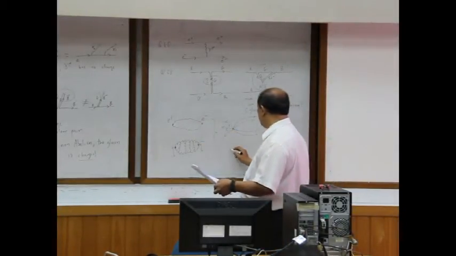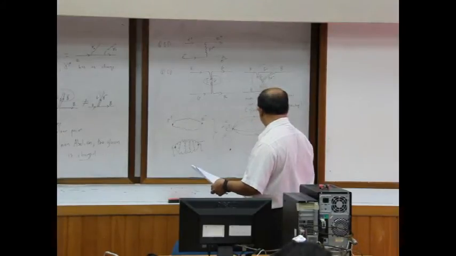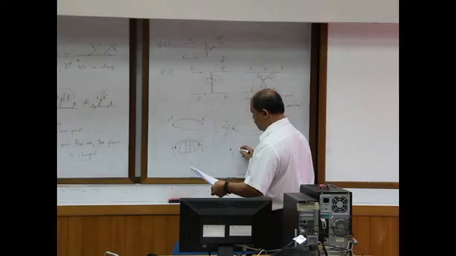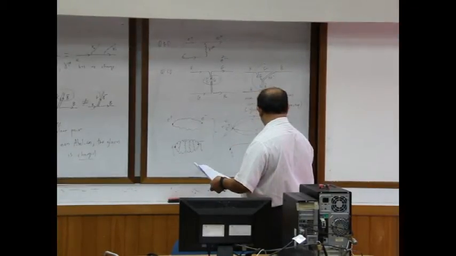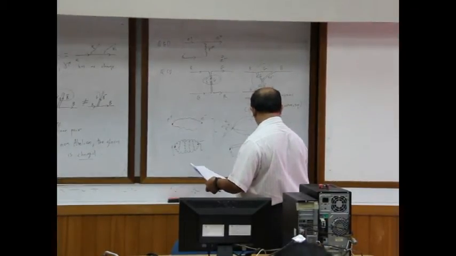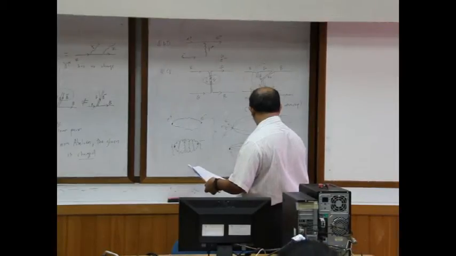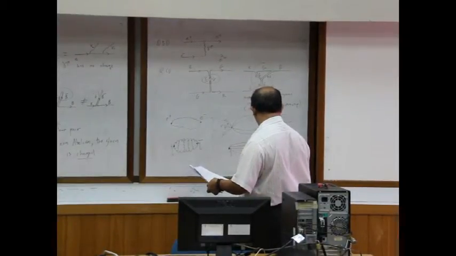Whereas for quark and anti-quark, you will have a very small tube. Because they are strongly interacting.